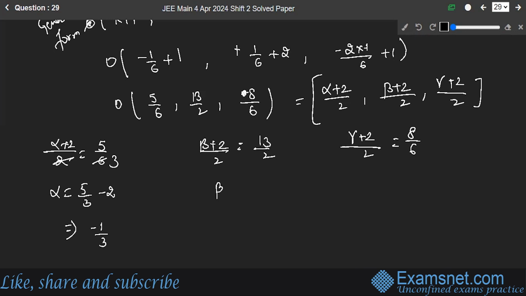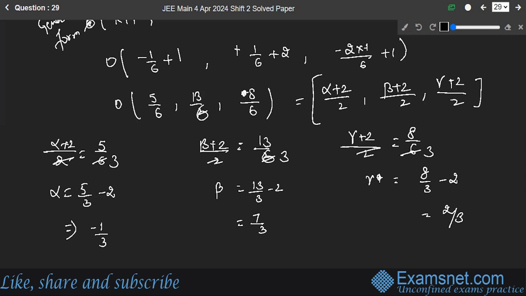And beta, the 2 here was 6, not 2, so it is 13 by 3 minus 2. This will give me the beta value as 13 minus 6, which is 7 by 3. And gamma will be equal to 8 upon 3 minus 2, which is equal to 2 by 3.